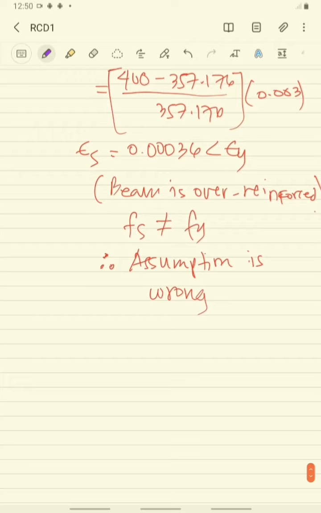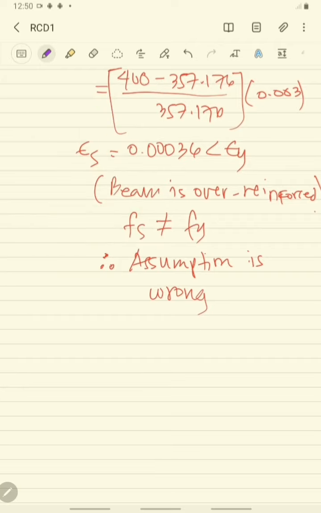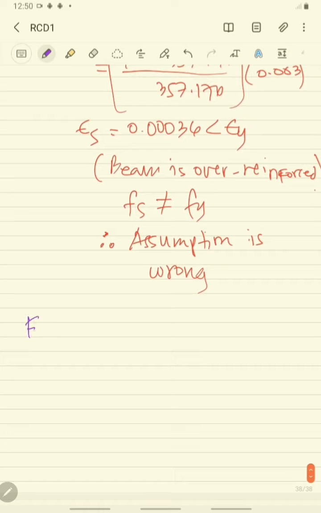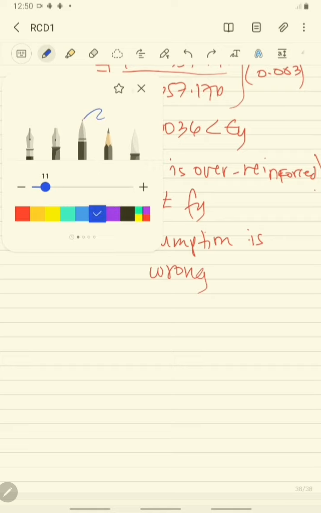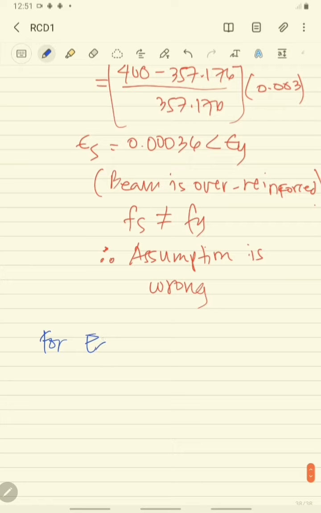Since it is not equal, we have to solve again for the value of C. So we will start with the equilibrium condition.